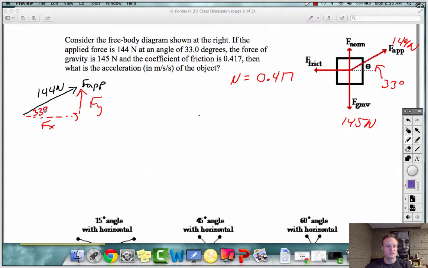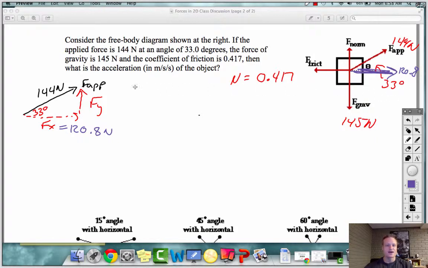So I'm going to take the cosine of 33 degrees and multiply it by the hypotenuse, which is 144 newtons. And if you do that math problem, I get an F of x of 120.8 newtons. Basically what it's saying is there is an applied force in this horizontal direction of 120.8 newtons.